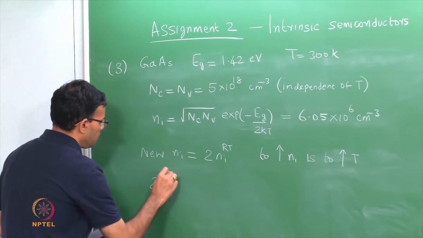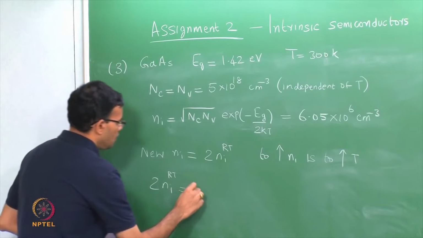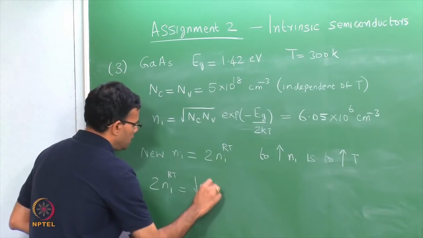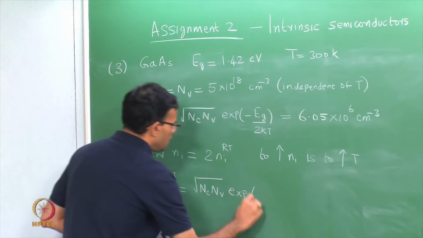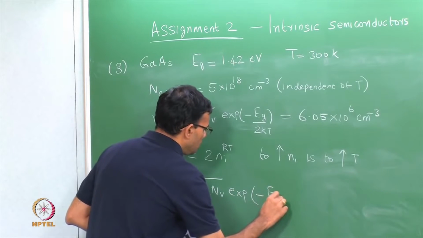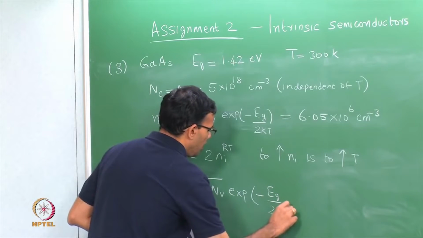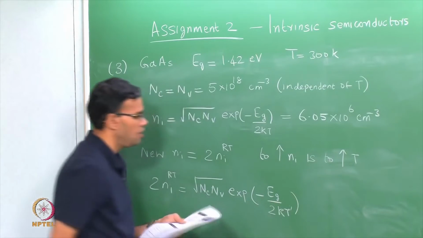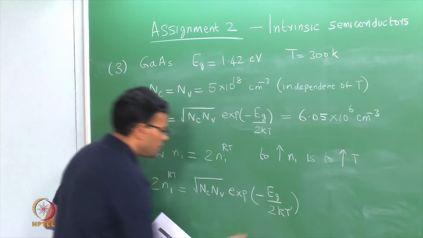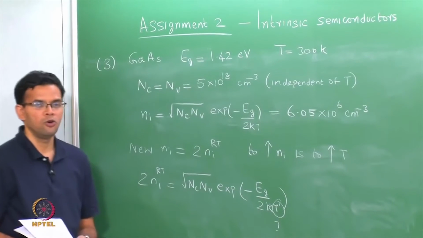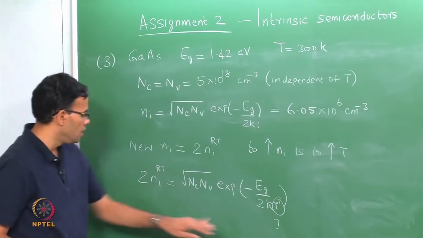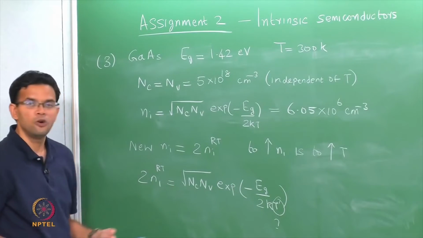So, it is 2 Ni at room temperature, square root of Nc Nv exponential minus Eg over 2 k T prime. Let me call this temperature T prime. So, T prime is the only unknown. These are all known.